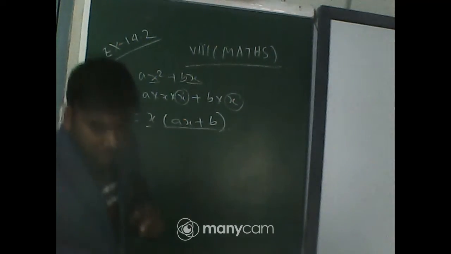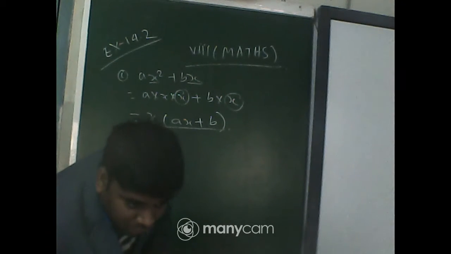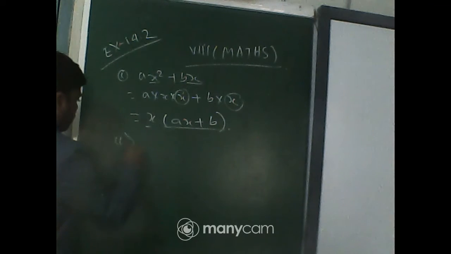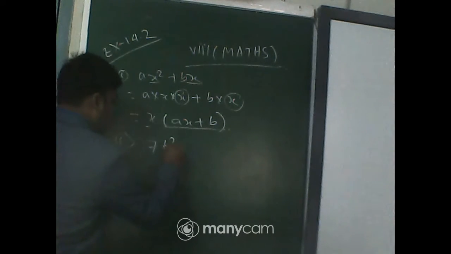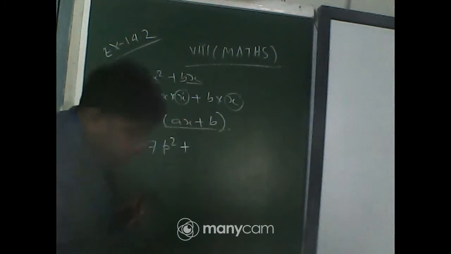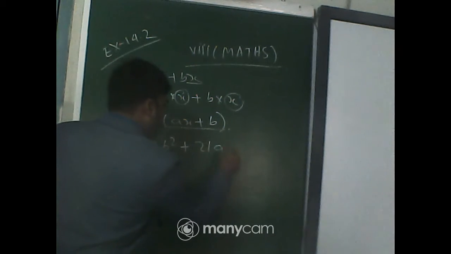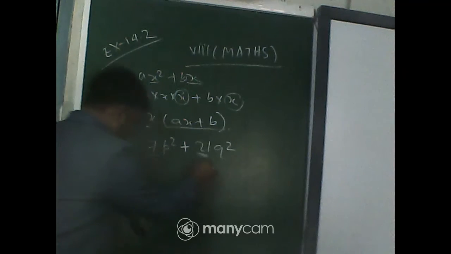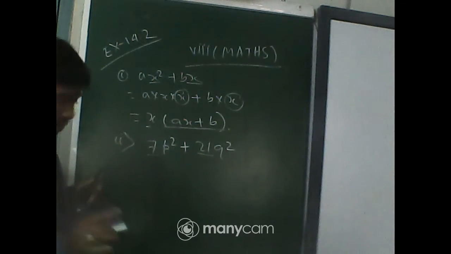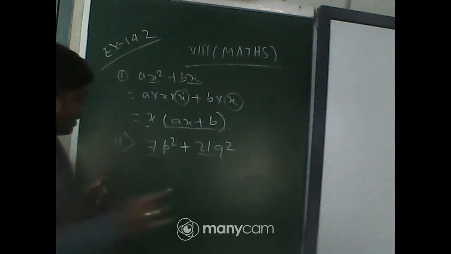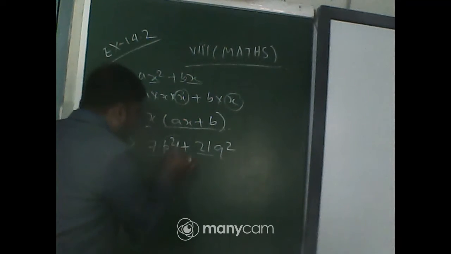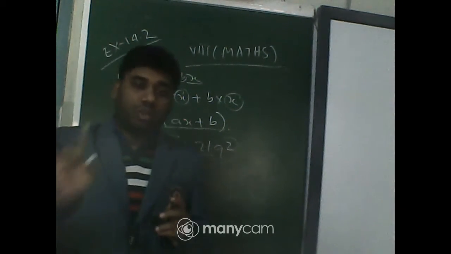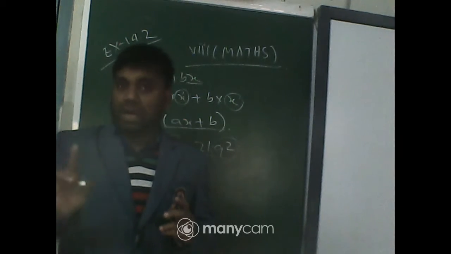Next sum: 7p square plus 21q square. First of all, 7 is the coefficient of p square, 21 is the coefficient of q square. The variable parts p square and q square are totally different, so there is no common variable part.